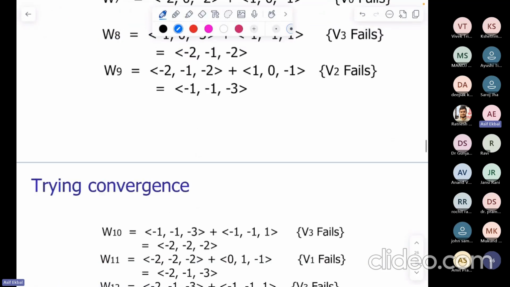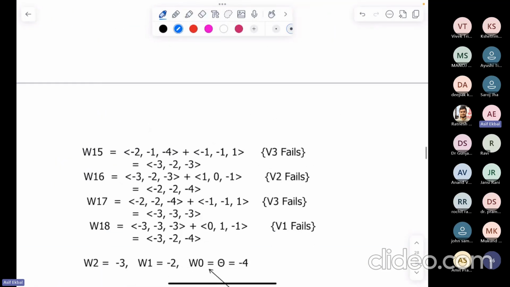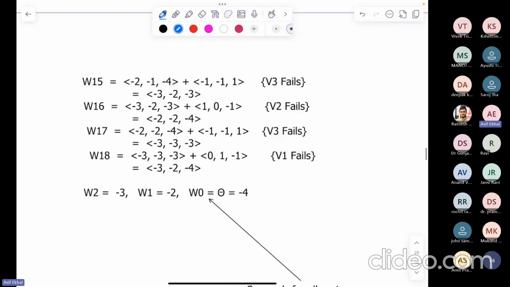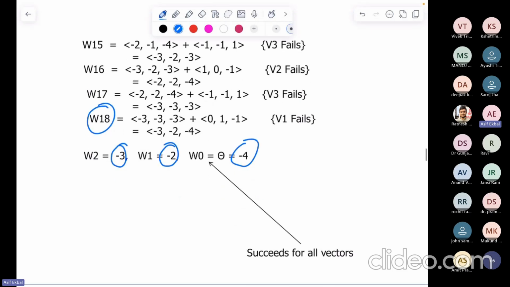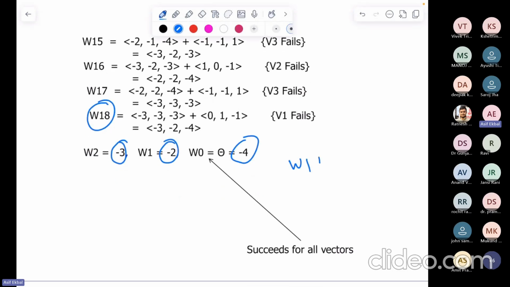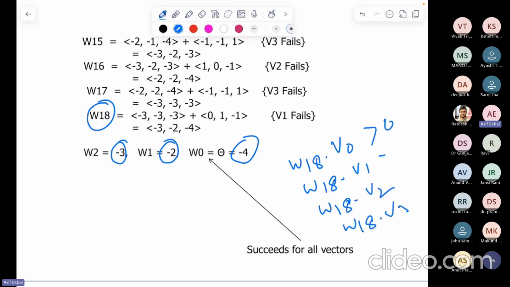And eventually, you will encounter a situation after some iteration where you get a value like -2, -3, -4. And for that, if you do W18 into V0, W18 into V1, W18 into V2, W18 into V3, all will be greater than 0. Everything will be greater than 0.